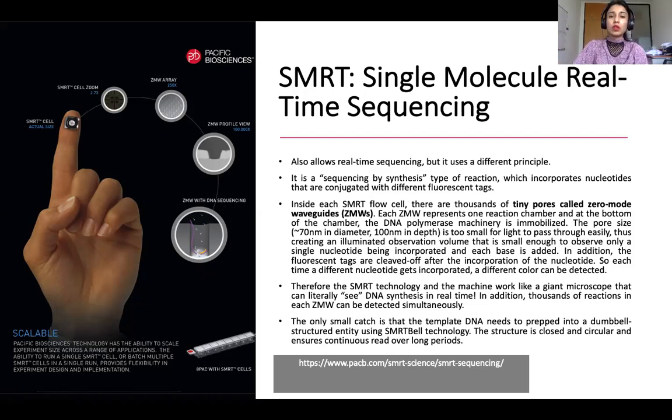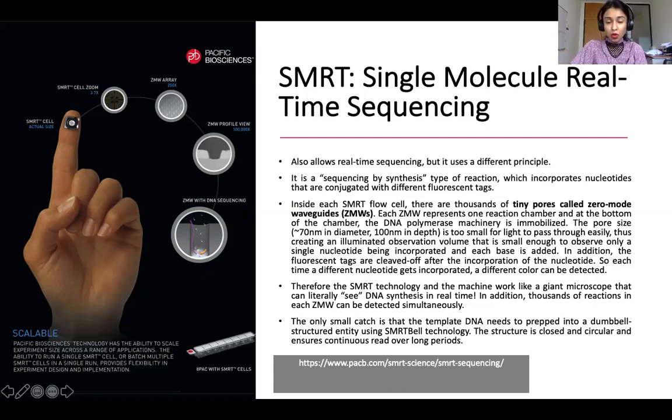Therefore, the SMRT technology and the machine work like a giant microscope, okay? And you can literally see the DNA synthesis in real time as well, right? In addition, you have thousands of reactions in each zero mode waveguide that can be detected simultaneously. So you have a lot of sequencing going on in parallel in each zero mode waveguide, right?